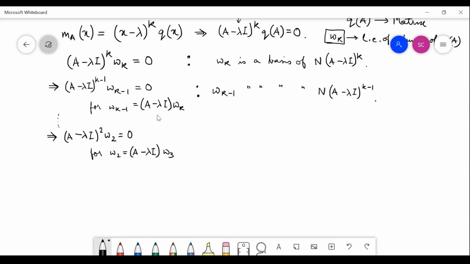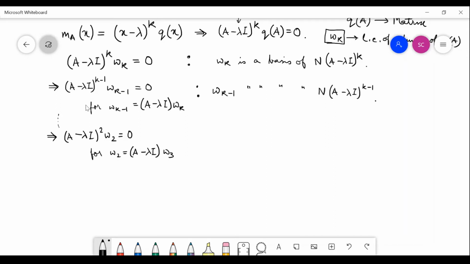So you notice the format, right? Omega 2. When we have k minus 1 here, I am writing k minus 1; for 2 it is 2. And how am I getting omega k minus 1? A minus lambda I omega k. Here also I will get it like this.